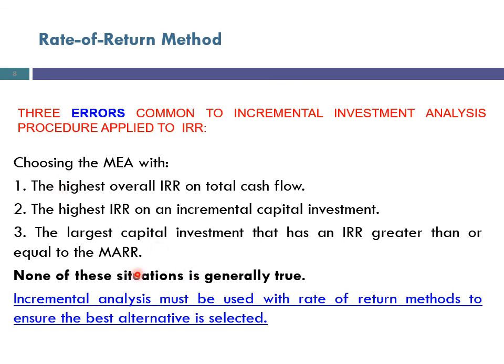Perform the incremental analysis in a correct way and you will obtain the best decision. So this is the end of this lecture. In our following lecture, we will start learning how to compare project alternatives with different useful lives, and these useful lives usually will be different than the analysis period.